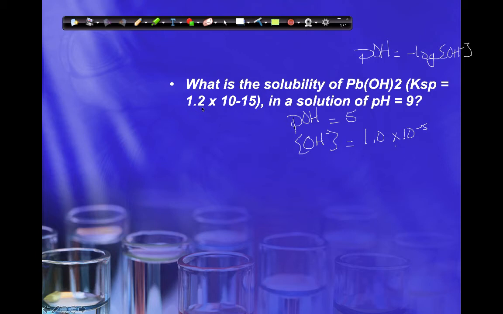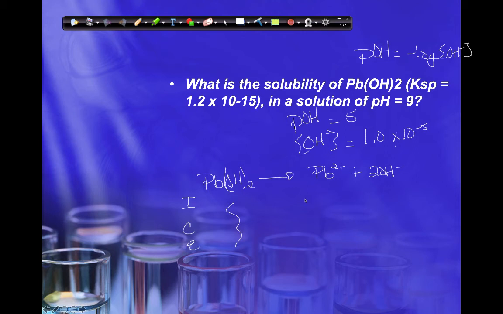Okay, so we want to find the solubility. What we're going to do is set up an ICE table. Here's my lead hydroxide. Now I'm going to make my lead ion, and I'm also going to make 2 hydroxide ions. Watch for those coefficients.